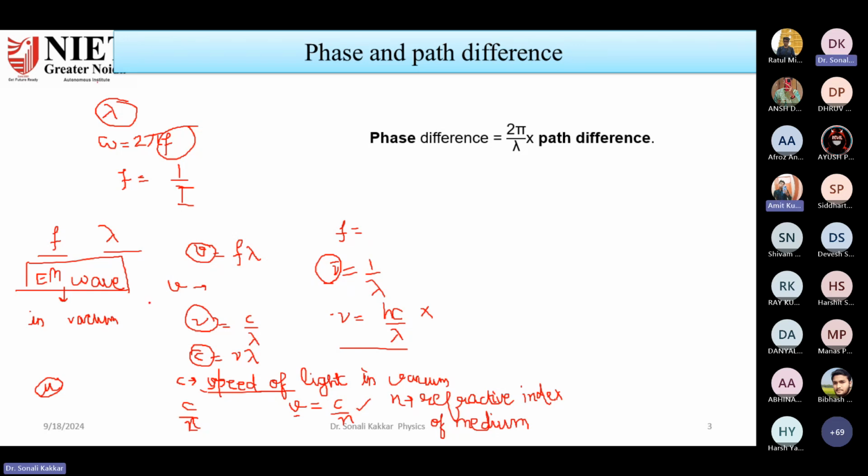This portion you can write. This one. You write on your notebooks. Then we'll continue our discussion.